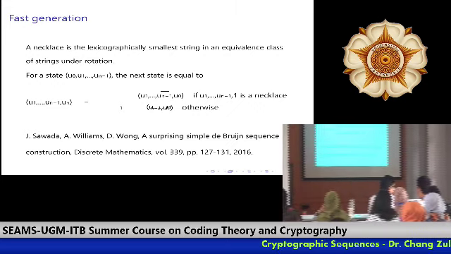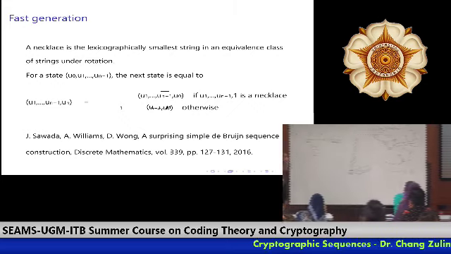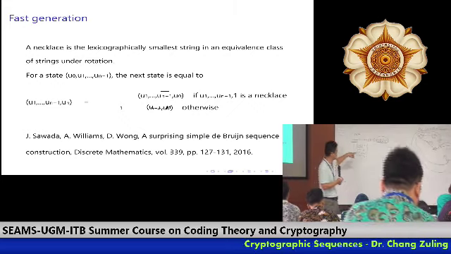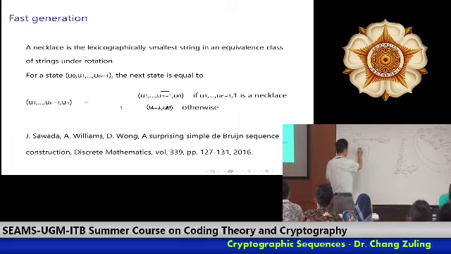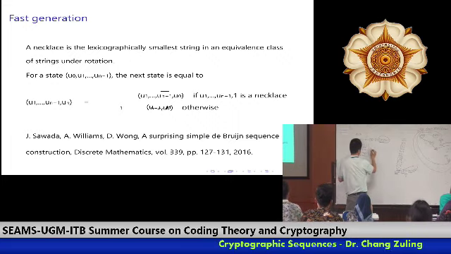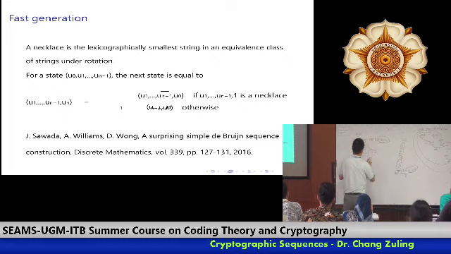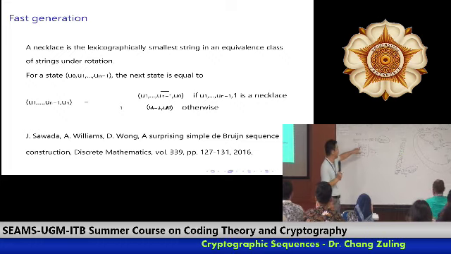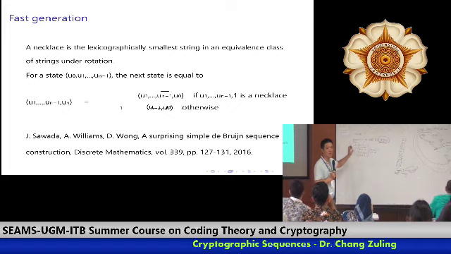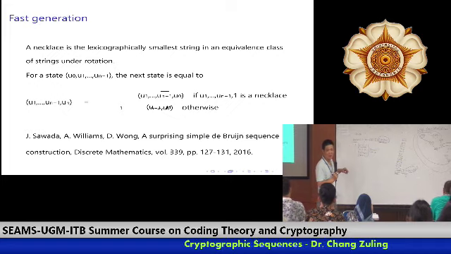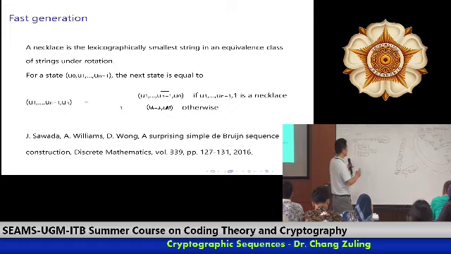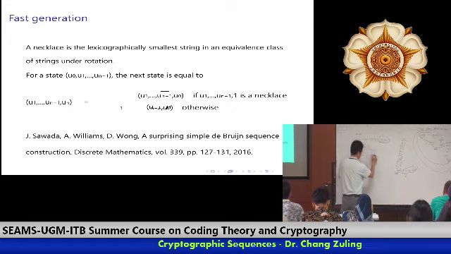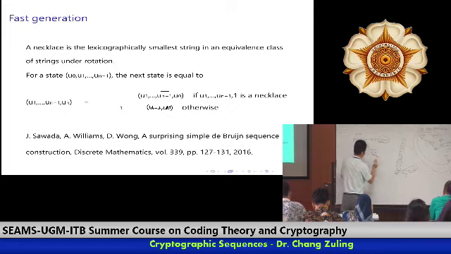This is an equivalence class, and we consider the lexically least one. This is 0 0 1 1, because we can view it as a binary number. Okay. So it's a list. So it's a necklace like this.